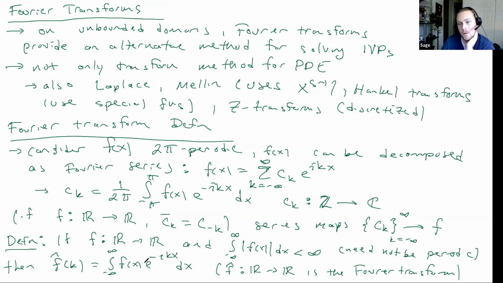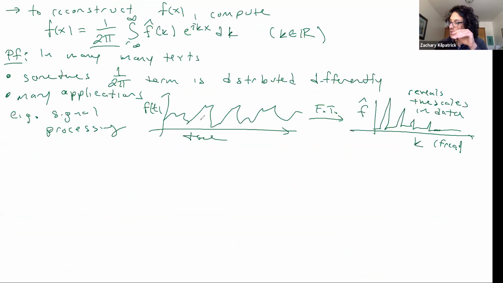You can do a number of things to handle that with data. You can smooth or interpolate your data to get a function and then compute this, or you can just directly compute a discrete Fourier transform, which is the sum approximation of the continuous one.